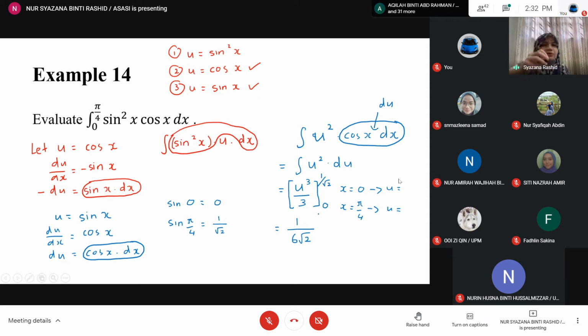Maybe some of you use an older version of calculator, you cannot get 1 over square root 2. So you can use decimal value, but use more decimal places. Jangan guna perpuluhan sikit sangat. Ambil banyak sikit perpuluhan tu. Ambil 4. Then you will get an answer close to this value.